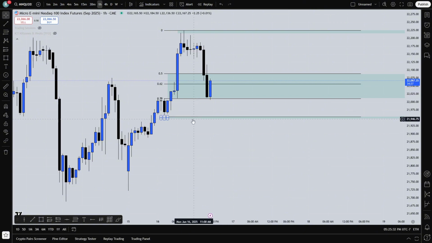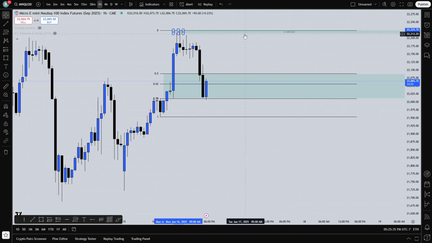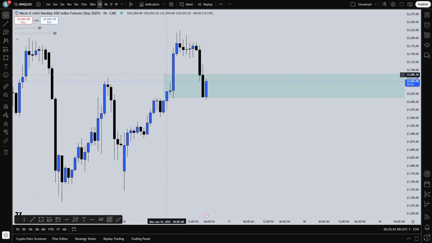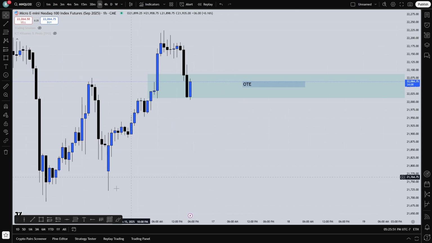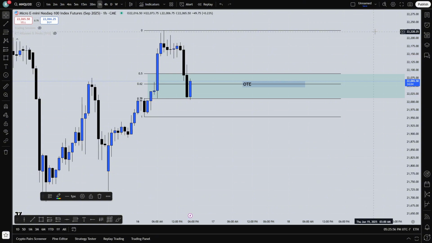Once you measure out that price leg, what we're looking at is the low to the high, measuring that for price to retrace and bounce off from what? This is called our OTE area. For those who don't know, OTE is just the low to the high, right here, the 0.5 to the 0.79 area.